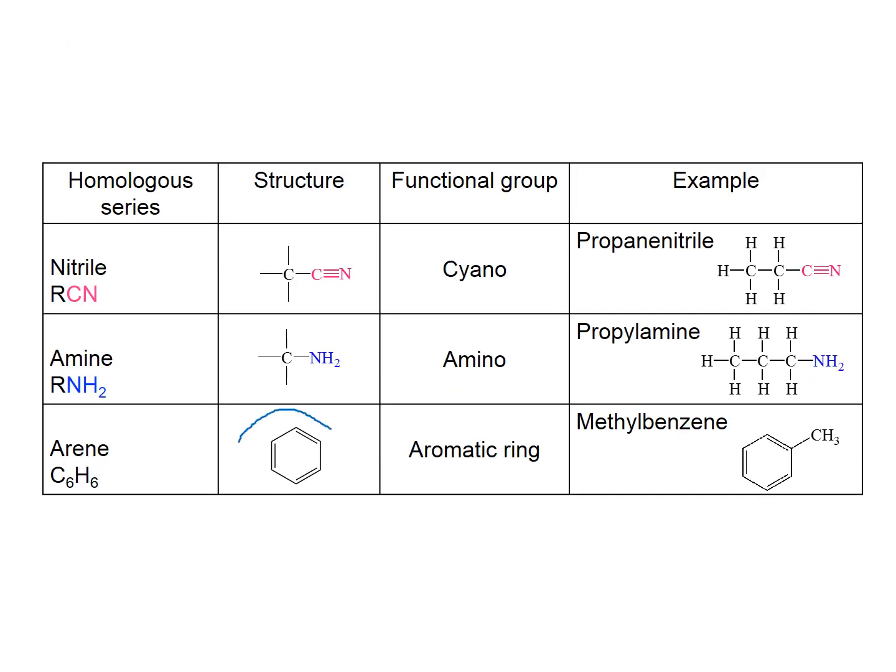So this is a carbon in a ring form. Okay, this is an aromatic ring. Aromatic ring mesti ada double bond. Okay, katakanlah you have a structure like this, with no double bonds in the bonding.